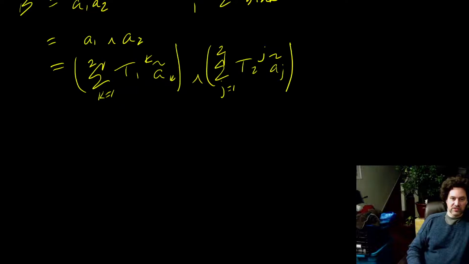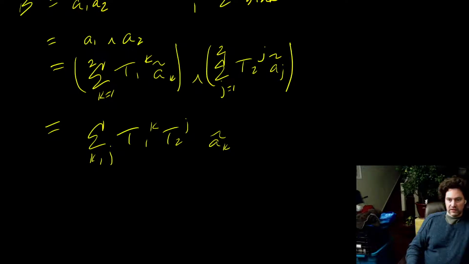So now if we expand the sum out, then we have the sum of this over all kj, k and j ranging from 1 to 2, I'll just leave that implicit, of T1k T2j, A-k tilde wedged with A-j tilde.